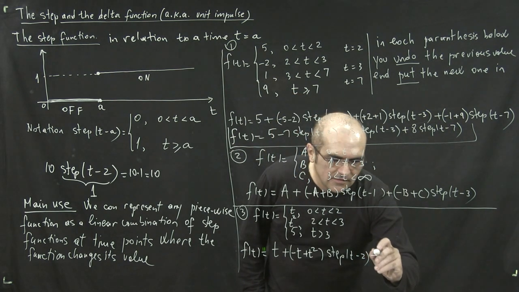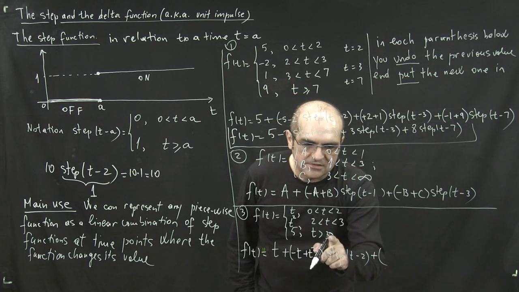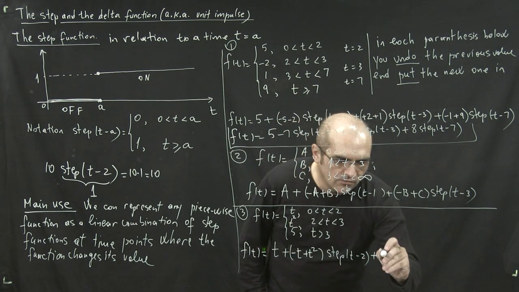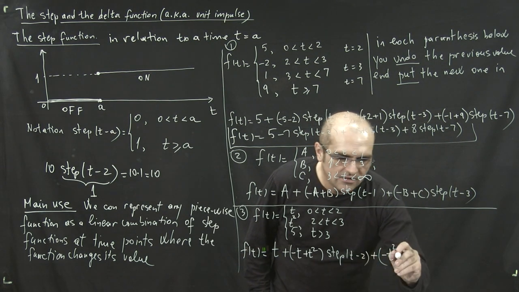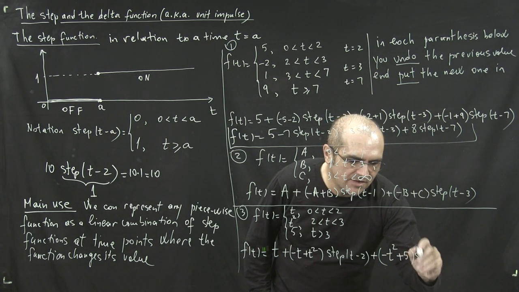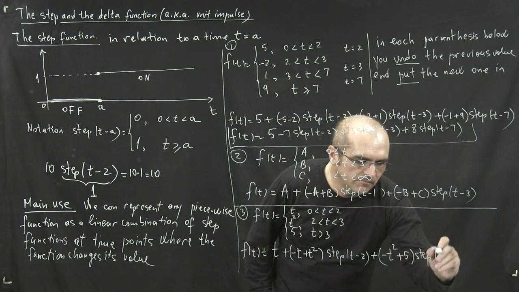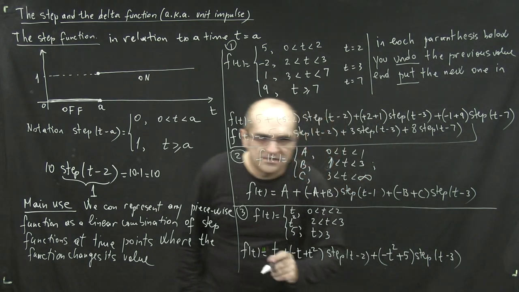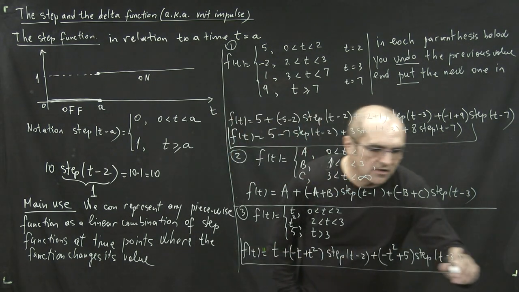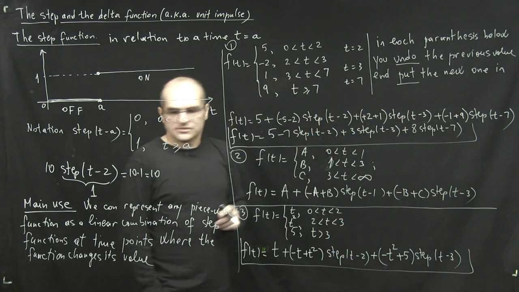Furthermore, at t equals 3, you undo the previous value, which is minus t squared, and put the new value in, so step(t minus 3). And this is how you represent the function with step functions.